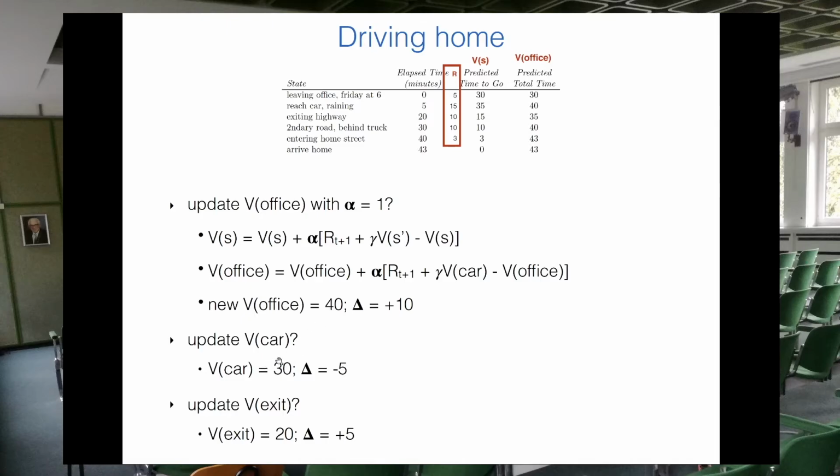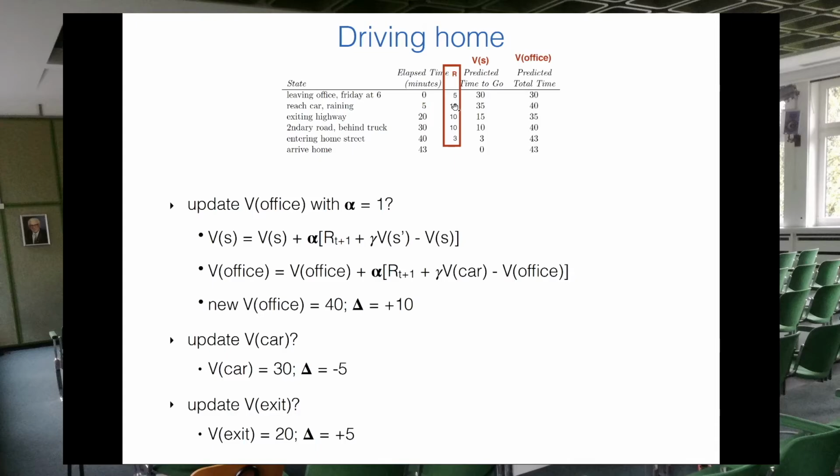The same way you can calculate the value for the state car. State car is the second state. The current value of car is 35. So we will have 35 here, 35 here.